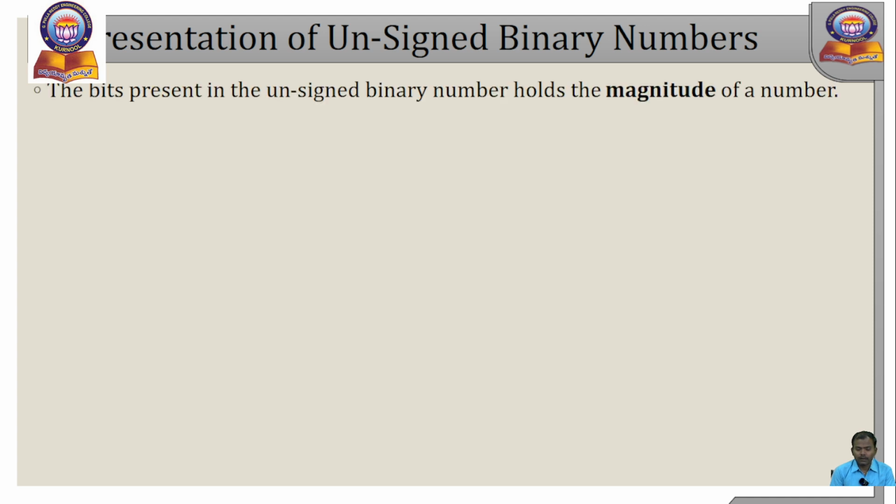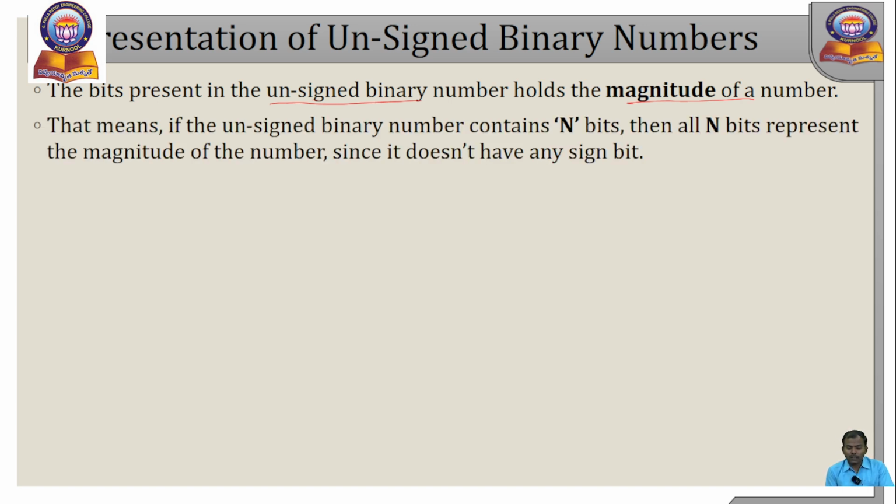If I am representing any unsigned binary number, as already told, the bits in the unsigned binary number represent only the magnitude. There is no position for a sign. That means if the unsigned binary number contains n bits, then all n bits represent the magnitude.